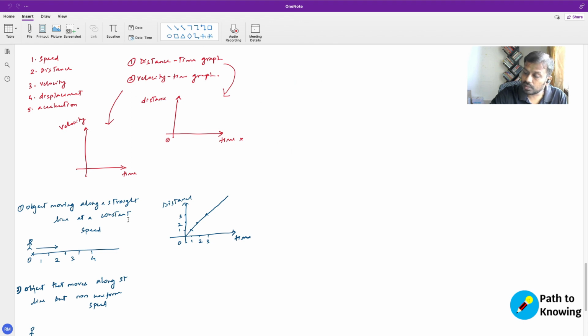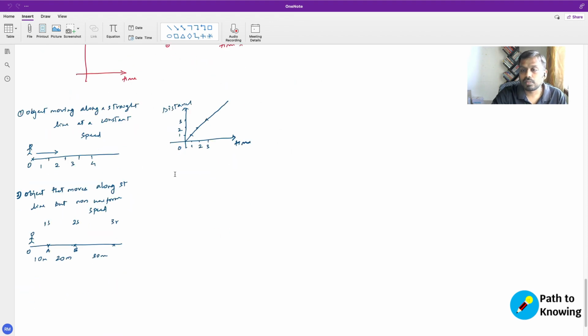And then in the second second, if they are able to cover 20 meters, right, between A and B is 20 meters, and between B and C is going to be 30 meters. So their speed increases every second. This is the first second, this is the second second, this is the third second.